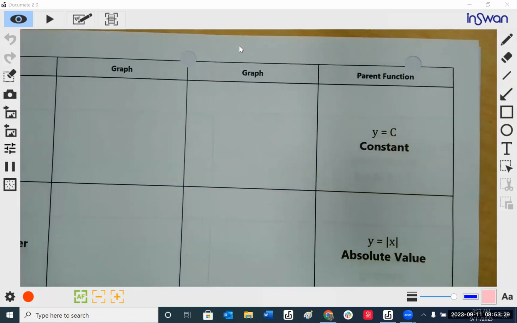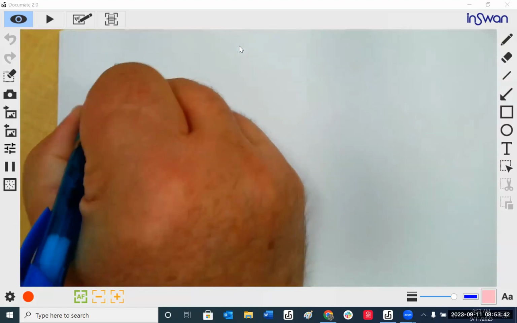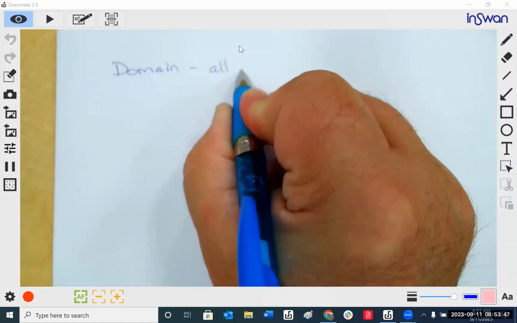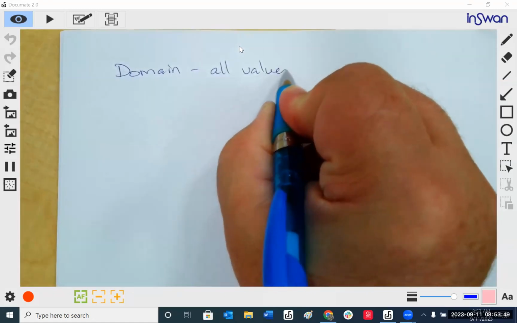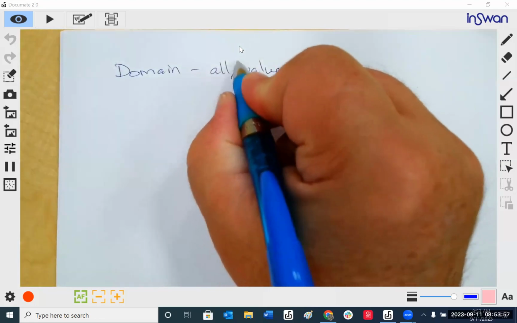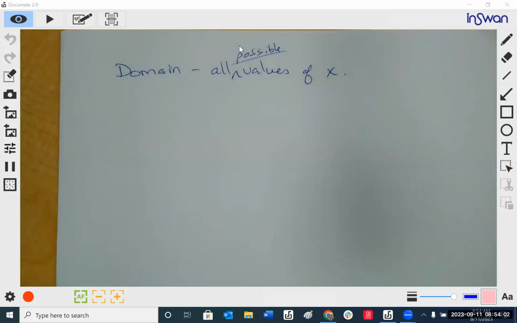A constant function, because we're also going to talk about something called domain and range. Anybody hear that before? What's a domain represent? Very good. Domain represents all values of X. Actually, all possible values, because sometimes you can't use all of the X's.